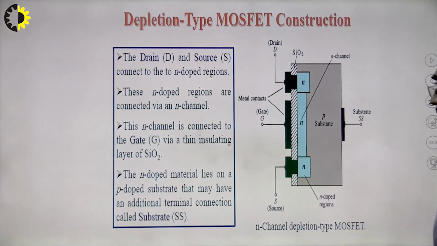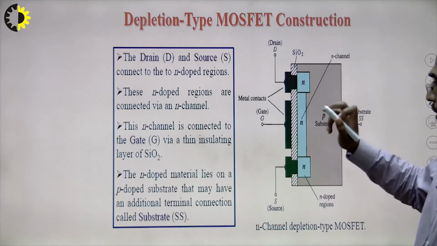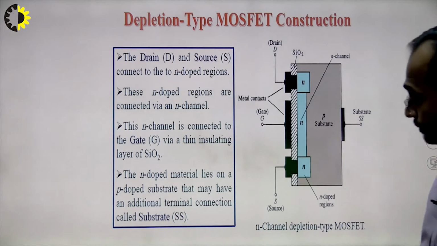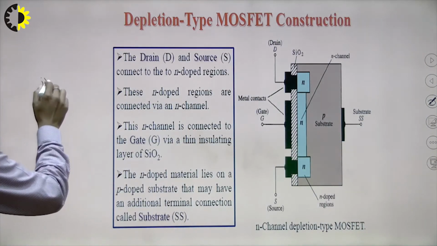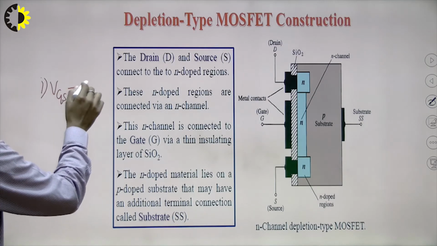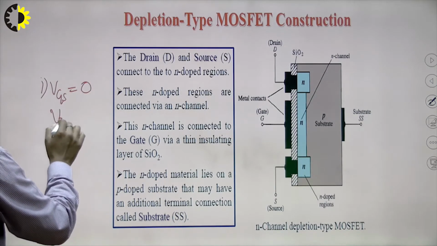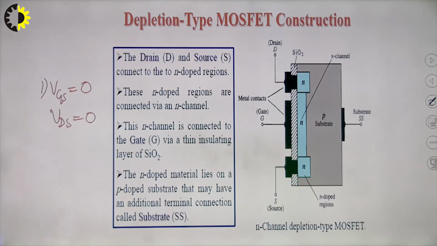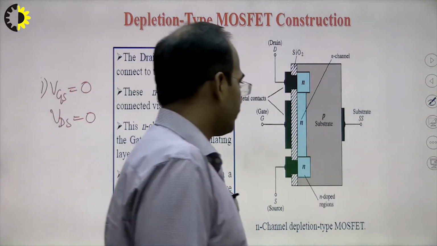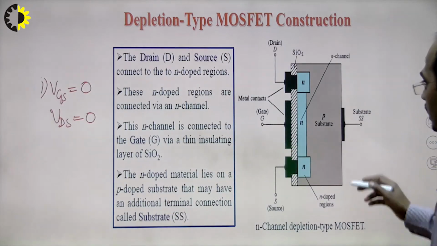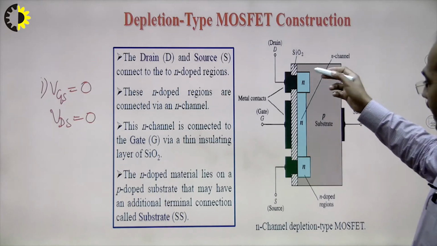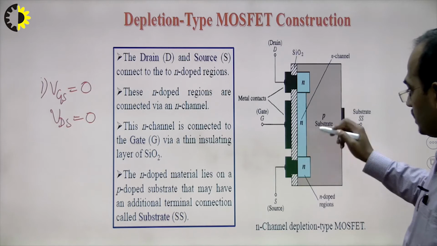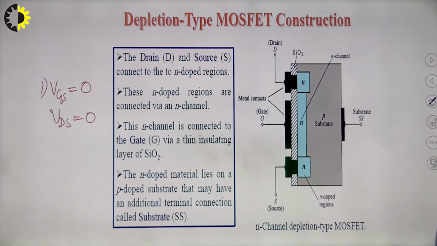In this way, the first condition is VGS equal to 0 and VDS equal to 0. In this p type substrate the majority charge carriers are holes, and in the n type well and in this n channel the majority charge carriers are electrons.